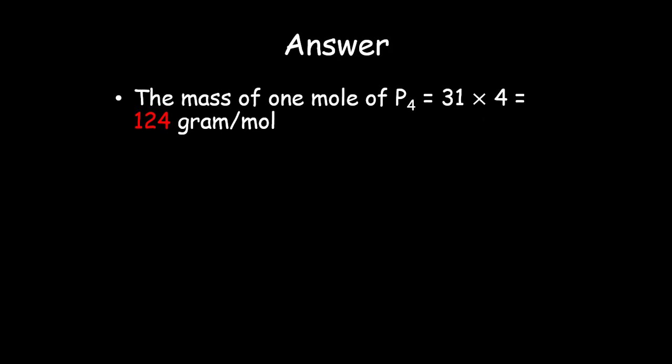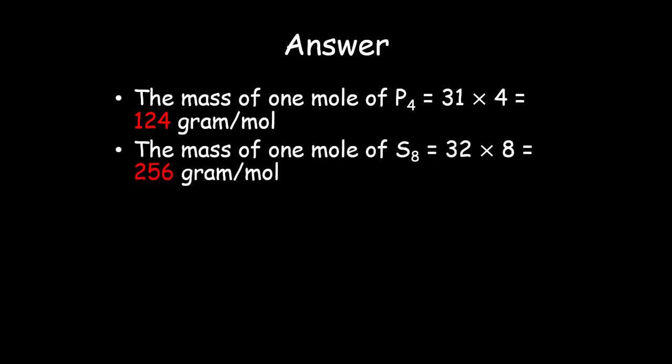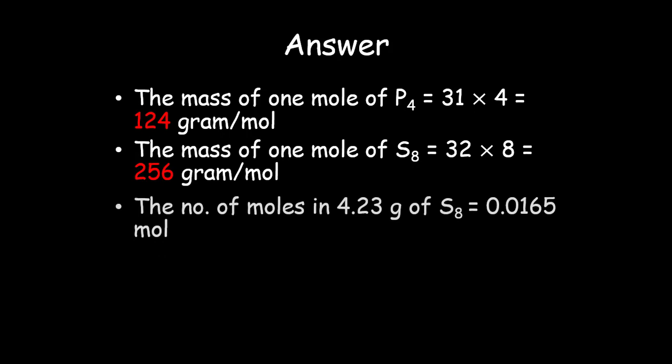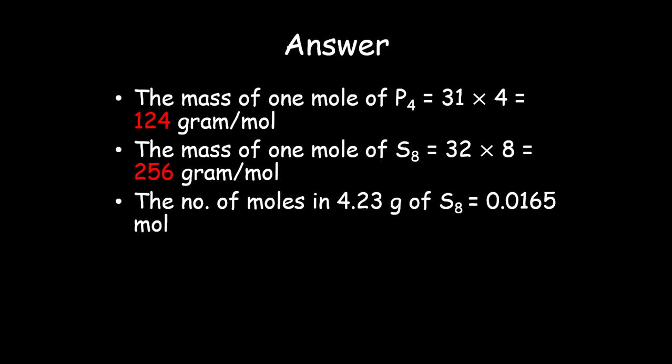First, the mass of 1 mole of P4 equals 31 times 4 equals 124 gram per mole. The mass of 1 mole of S8 equals 32 times 8 equals 256 gram per mole. The number of moles in 4.23 grams of S8 equals 0.0165 mole.